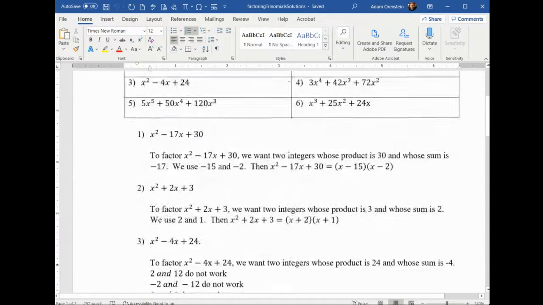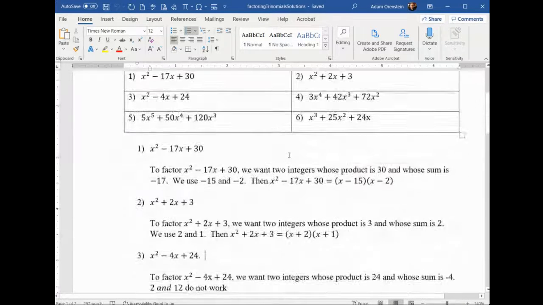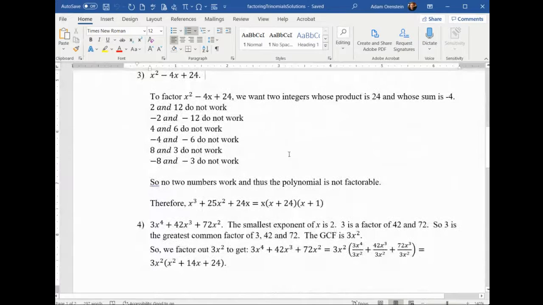x squared minus 4x plus 24. That also actually cannot be factored, because you want two numbers whose product is 24, but the sum you want to be negative 4. I listed them, and like 12 and 2, that's not going to work, because the sum is 14. Negative 12 and negative 2 don't work either.